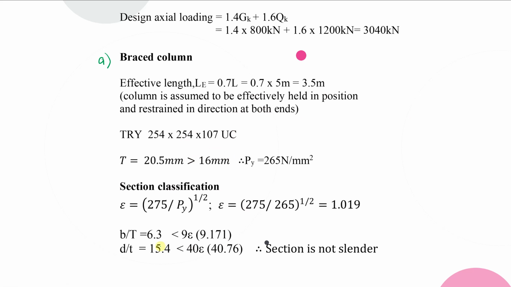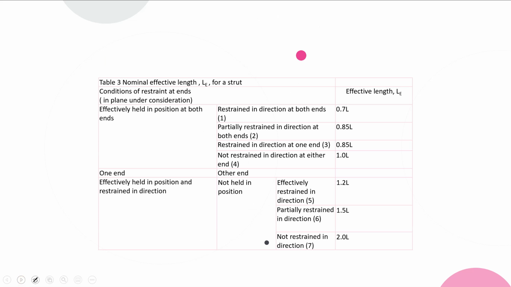So how do I get this 0.7 factor here? So we have to refer to the table. So which table? Actually this table, because we need to see how actually is the condition of restraint at the end, meaning the fixity at the end.